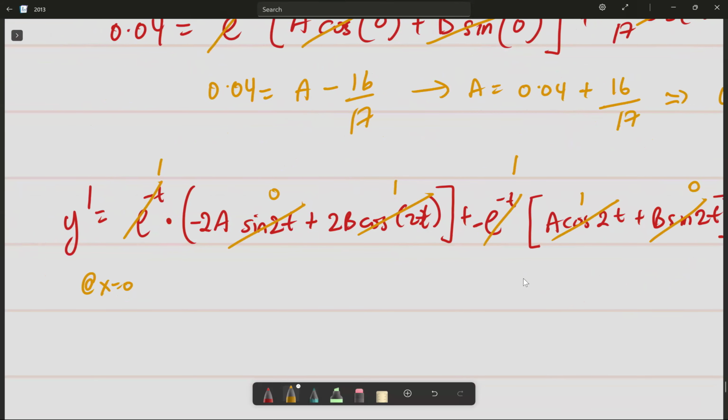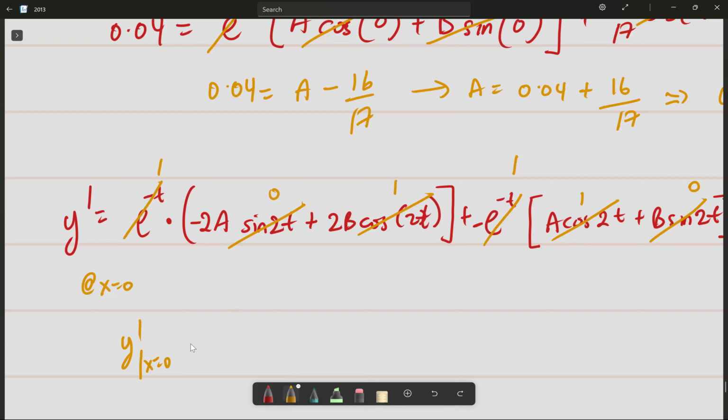Okay. So at the end of the day, we are left with y prime at x equals 0 is going to be negative 2a. Nope. Go back.